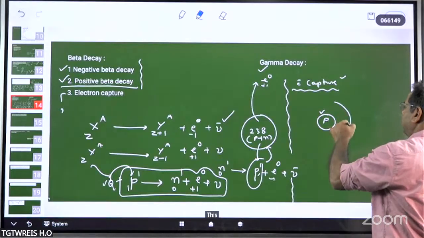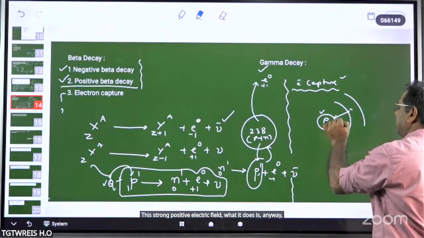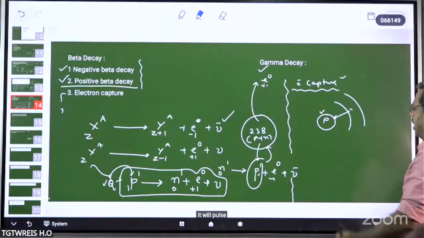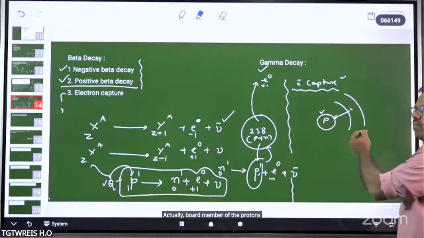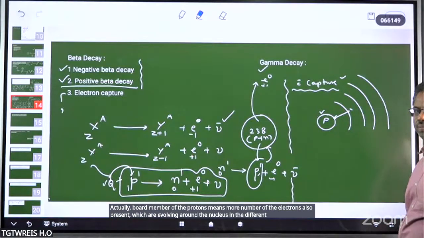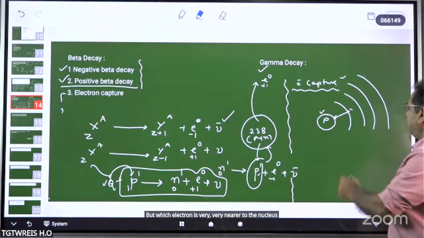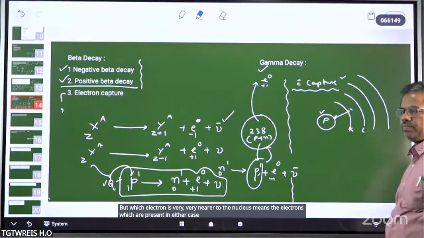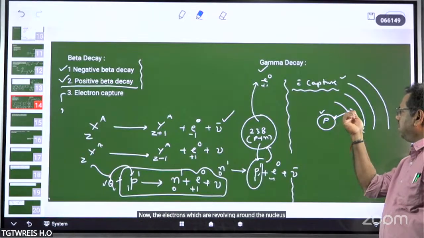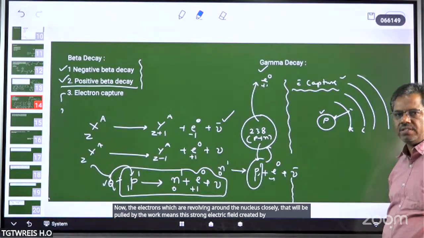This strong positive electric field will pull the electron into the nucleus. More protons means more electrons also present, which are revolving around the nucleus in different energy levels. But the electrons very near to the nucleus, those present in either the K shell or L shell, will be pulled by this strong electric field created by the protons itself.